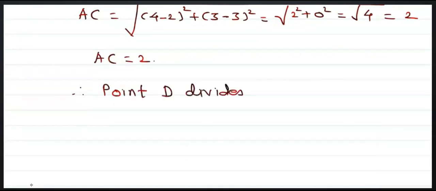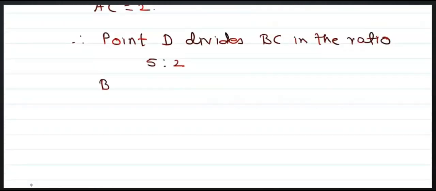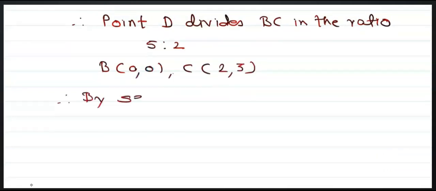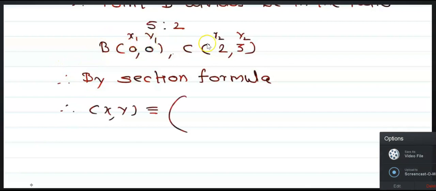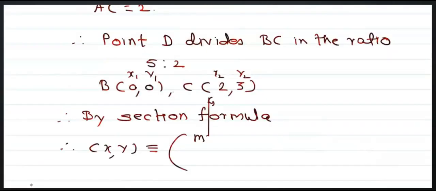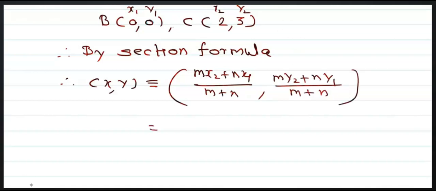Therefore, the point D divides BC in the ratio 5:2. Therefore, now see this here, by the section formula, x1, y1, x2, y2. I had written there the points x1, y1, x2, y2. And now by using the section formula, that is (mx2 plus nx1) upon (m plus n), (my2 plus ny1) upon (m plus n).